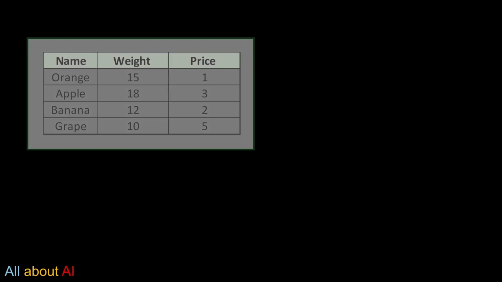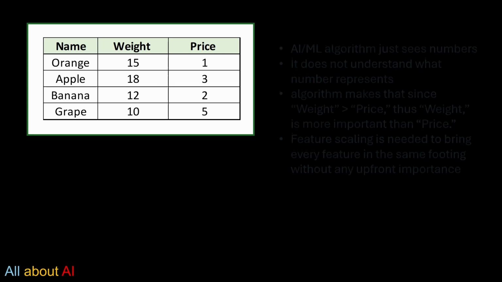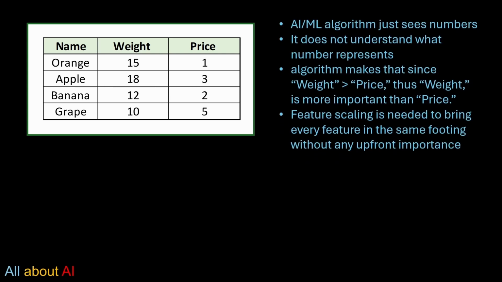Now we will use a simple analogy to explain why data transformation or scaling is required. Here we have used a simple data table with orange, apple, banana, grape, their weights and corresponding price. Algorithms in AI and ML see these as numbers only, and they don't understand the difference between weight and price.